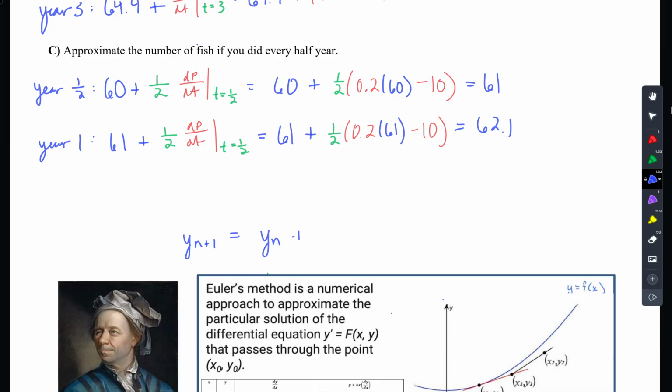Then you go plus, and then that green piece, that's going to be how many times you're applying your rate. So since my rate represented per year, this represents that change. Since we're doing it every half year, if I put it in terms of x, it's your change in x.